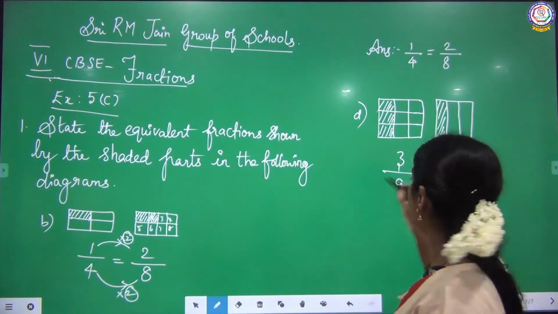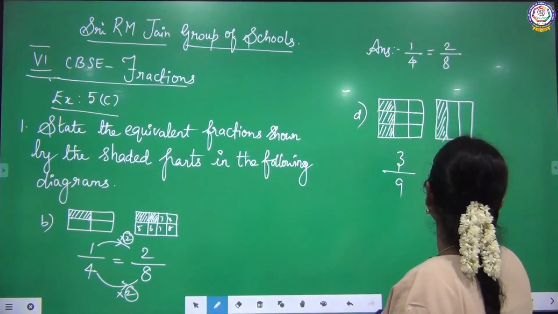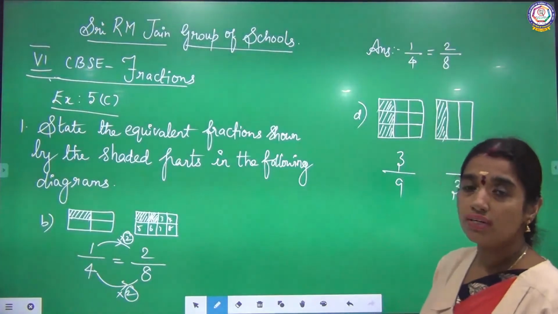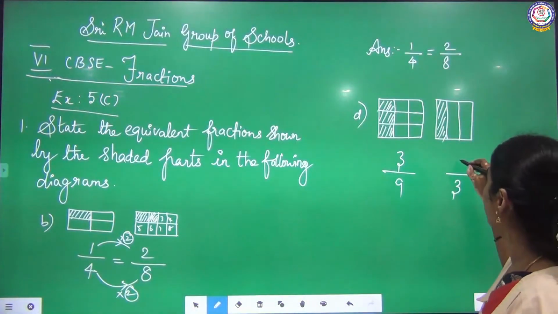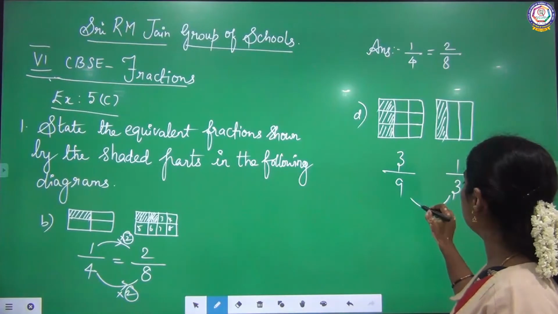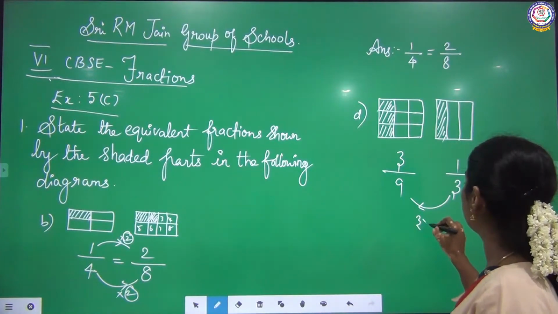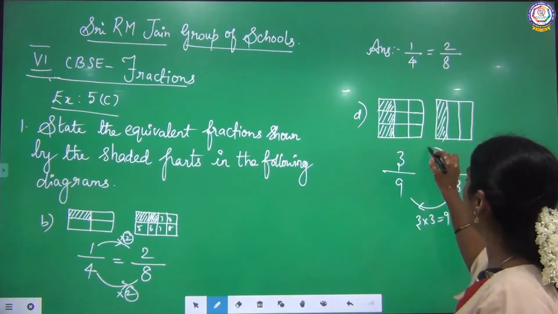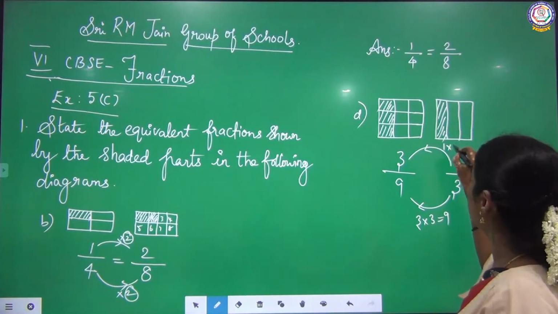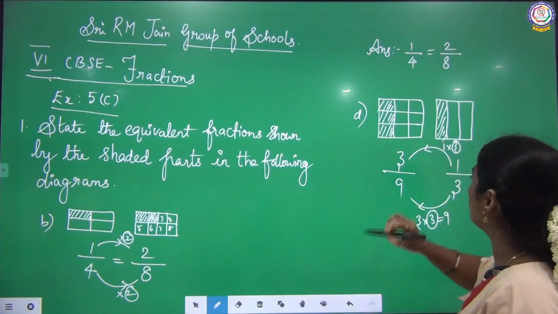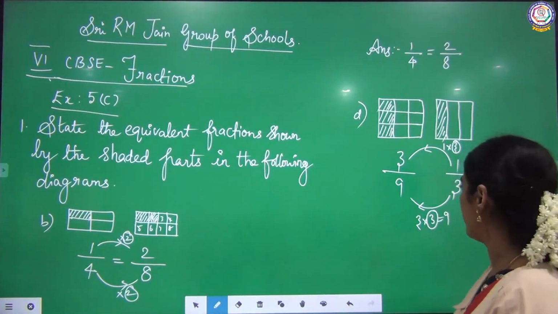See here, listen, here the total number of equal parts is what? 3. The shaded part is what? 1. So listen children, 3 3s are 9. 3 3s are 9. Here, 1 3s are 3. So my multiples here, the same number I am multiplying.